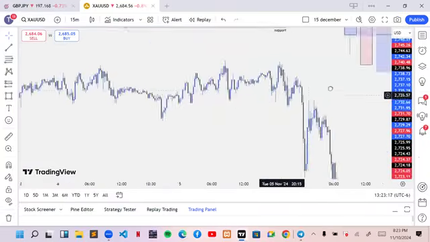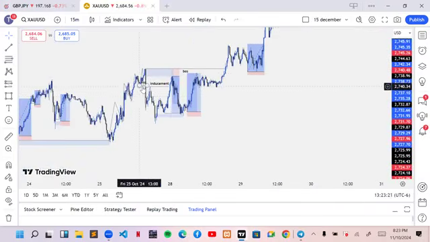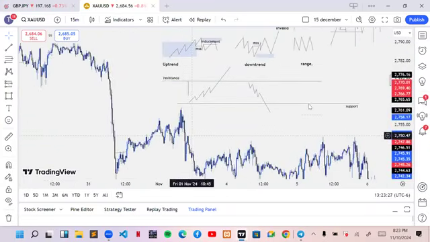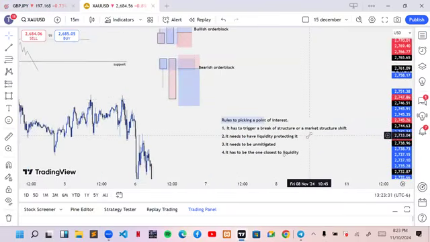If you pay attention to this trade that I used as an example the other day, there was a market structure shift. So it fulfilled one part of the strategy, which is that the point of interest needs to trigger a break of structure or a market structure shift.